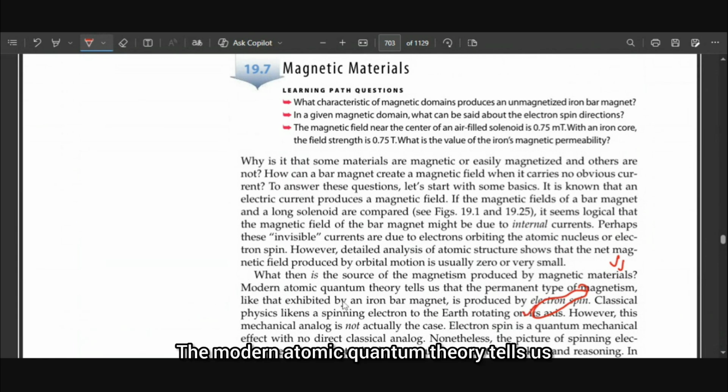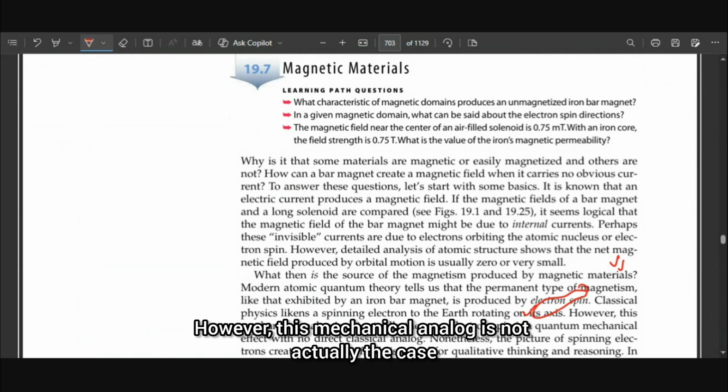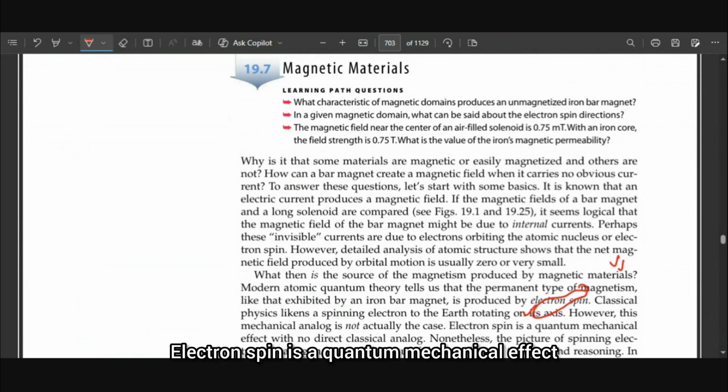The modern atomic quantum theory tells us that permanent magnetism, like that exhibited by an iron bar magnet, is produced by electron spin. Classical physics likens a spinning electron to the Earth rotating on its axis. However, this mechanical analog is not actually the case. Electron spin is a quantum mechanical effect with no direct classical analog.